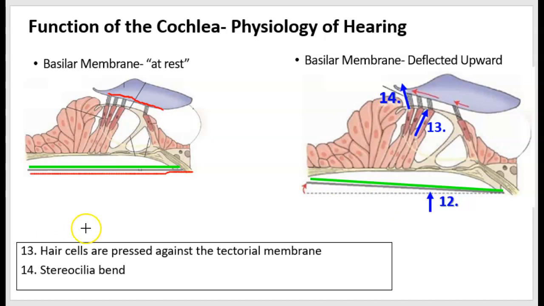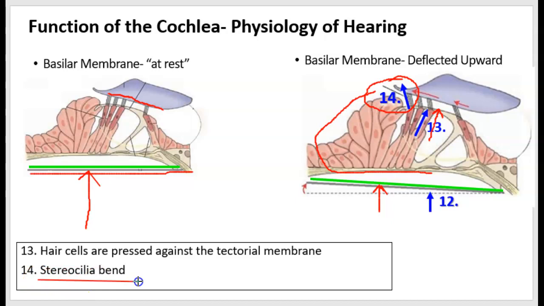But as soon as that perilymph from the tympanic canal experiences a wave, it presses up against the basilar membrane, and the basilar membrane is displaced upwards. This causes the whole organ of Corti, except for the tectorial membrane, and the hair cells in particular, to move upward as well. And so the hair cells press on the tectorial membrane, and the stereocilia they have bend.